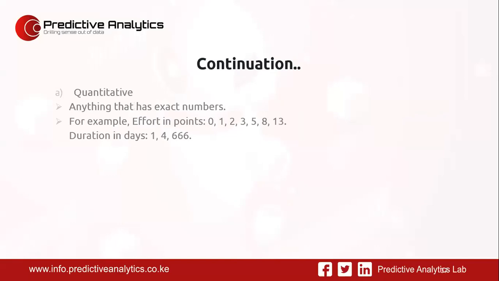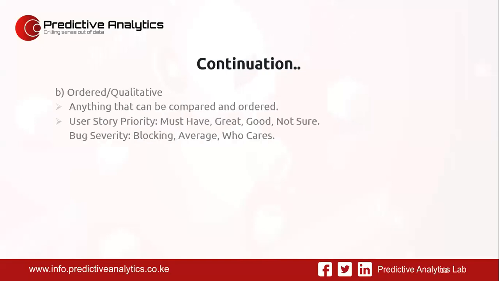We look at quantitative. Quantitative is anything that has exact numbers. For example, effort in points, we have 0, 1, 2, 3, 5, 8, 13, etc. Duration in days, for example, 1, 4, 6, 6, 6. So that is quantitative. We have ordered or qualitative. This is anything that can be compared and ordered.